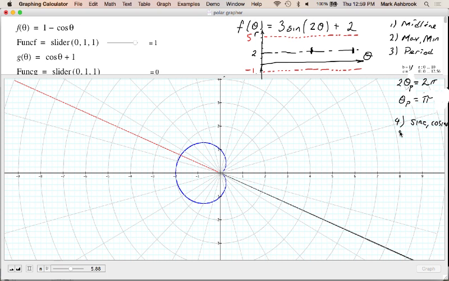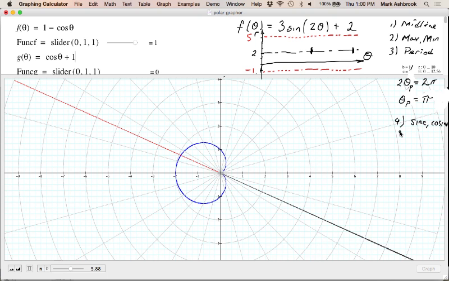When 2 theta reaches 2 pi, that will give us a period. So what value of theta makes 2 theta reach 2 pi? That's what we're asking. That's the period. The value of theta that makes the argument reach 2 pi is pi. So when theta hits pi, that thing hits 2 pi, and we just have to start over with sine, right? So you're going to take your argument and set it equal to 2 pi. That's the angle that you need for that thing to reach 2 pi, which will then give us the period.